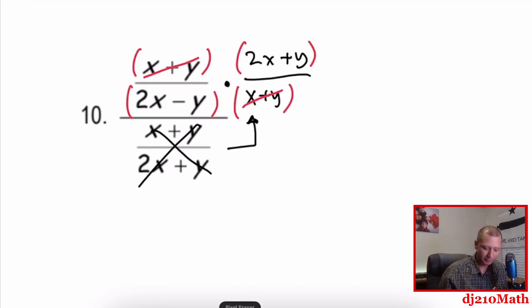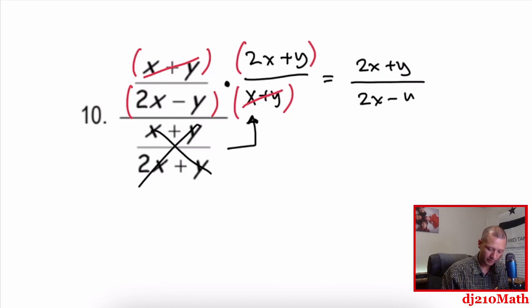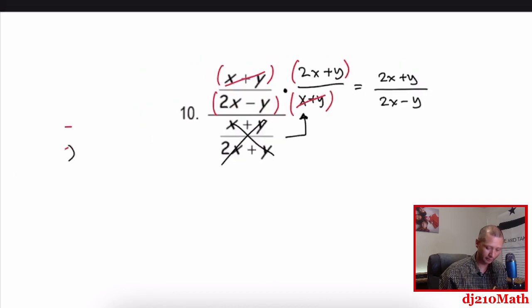But if it's strictly being added and subtracted, you cannot as easily cancel out things. So what's left behind? 2x plus y, 2x minus y. I believe that's the final answer. Right? There's no more common factors that can be factored out.